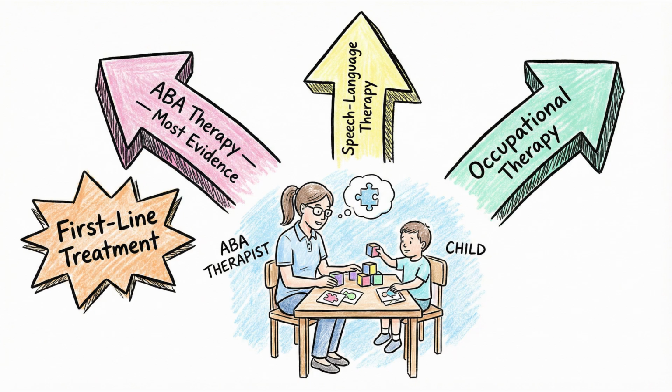Now, there's something called applied behavior analysis, ABA, and this is the gold standard and most evidence-based intervention for ASD. It uses reinforcement strategies to teach skills and reduce challenging behaviors. Speech-language therapy addresses communication deficits, including augmentative and alternative communication for nonverbal children, such as PECS, which is the Picture Exchange Communication System.